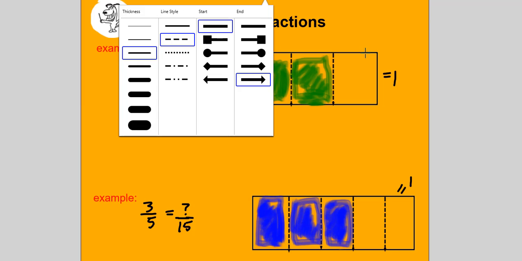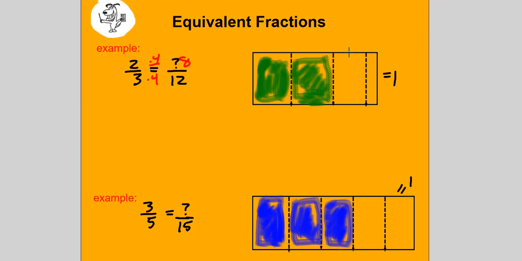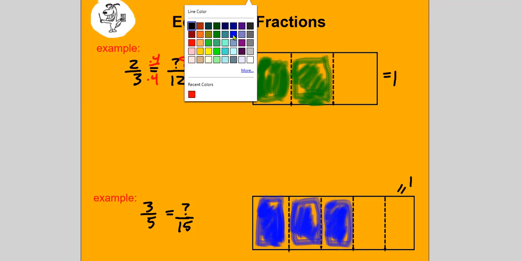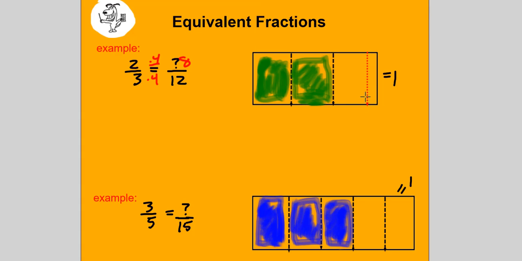Let's change the color so you see what I'm doing better. Alright, let's do red. So each one of these thirds is being broken into 4 equal parts, like this.